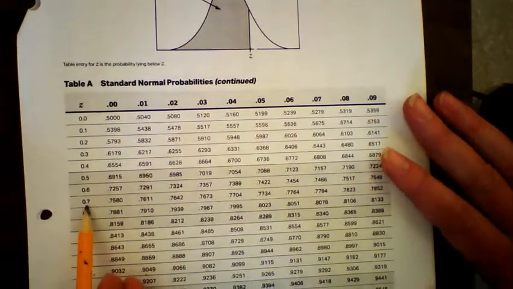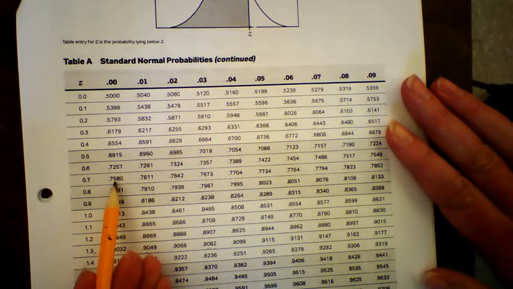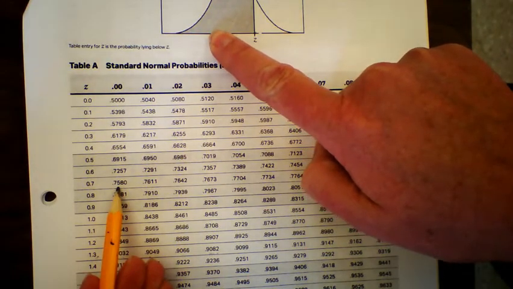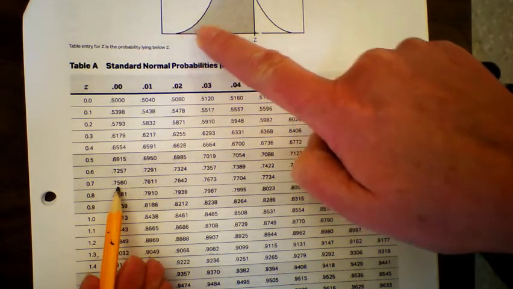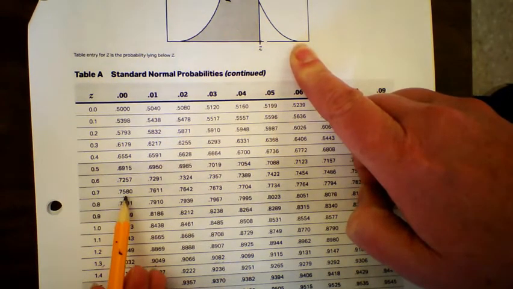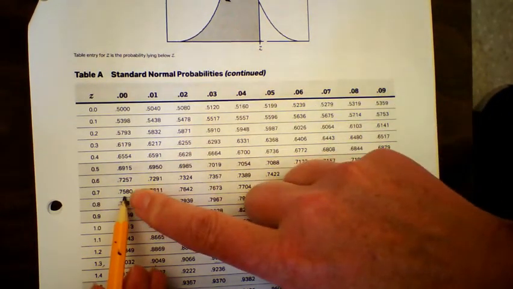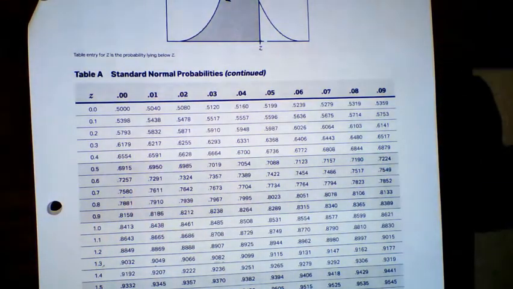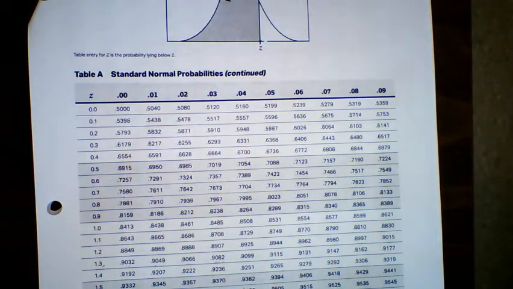So 0.70, but that means that the left side is 0.7580. But remember, the area of any density curve has to equal 1. So if I take 1 and subtract the area that I do have, I will have the area of the other side.